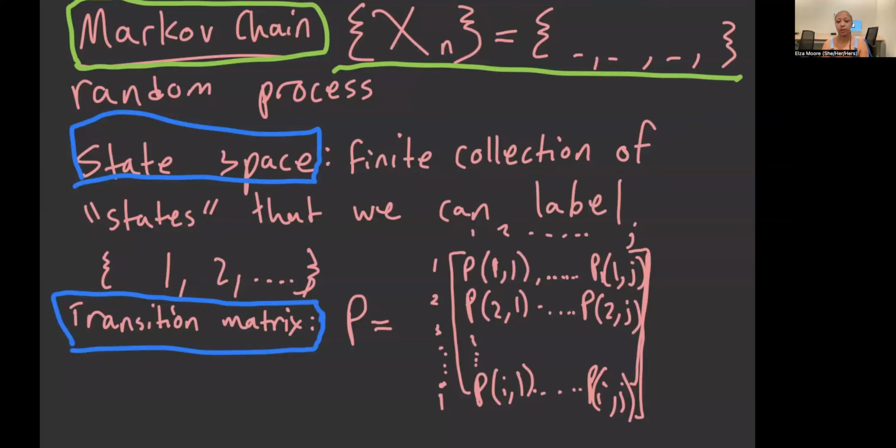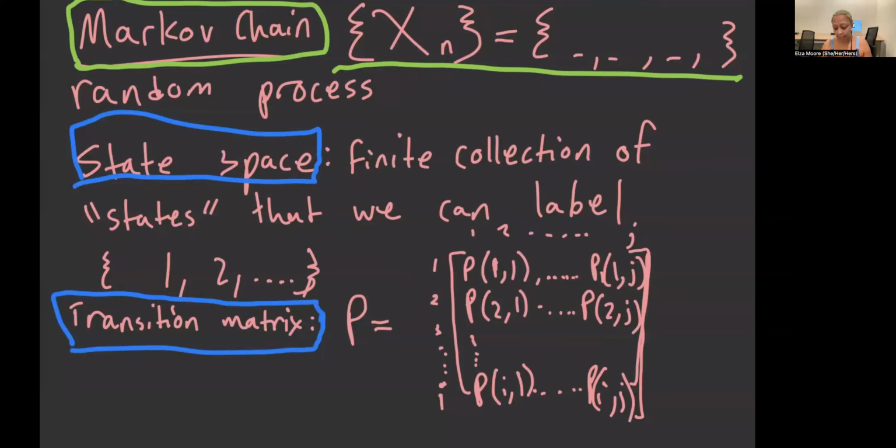So you can see here, you have the probability that if you start in state 1, you'll stay in state 1, all the way up to the probability that if you start in state 1, you'll go to state j. Each row corresponds to a specific state that you start in, and each entry in that row is the probability that, given you start in that state, you'll go to each other state up to the jth state.